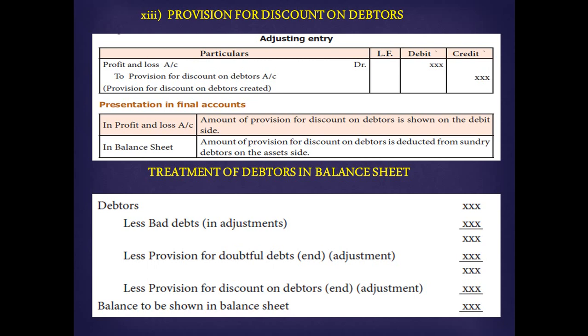The adjustment entry is profit and loss account debit to provision for discount on debtors. The provision for discount on debtors is shown as a deduction from good debtors on the asset side of the balance sheet and is debited to profit and loss account.